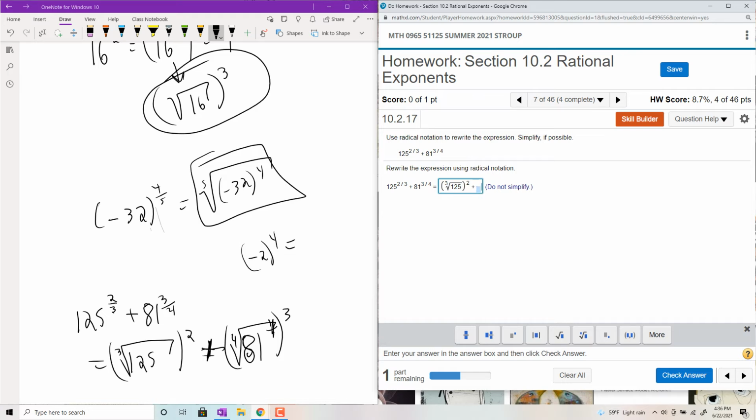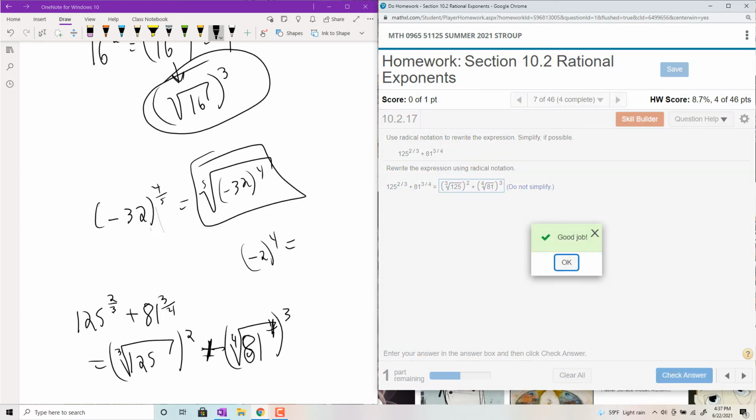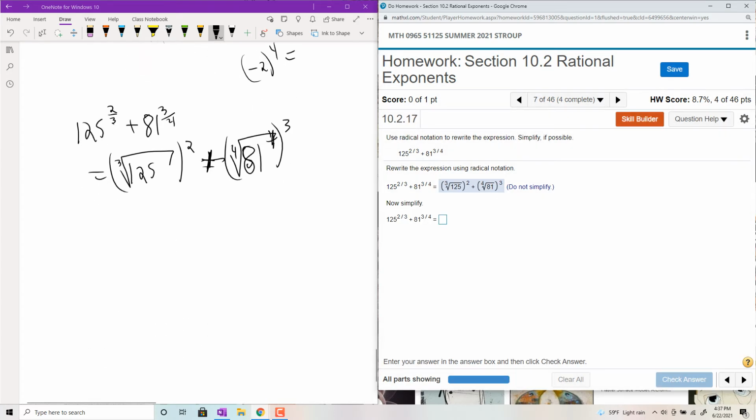Plus. Alright, the cube root of 125 is 5, 5 squared is 25, 4th root of 81 is 3, 3 cubed is 27, adding them together, 52.